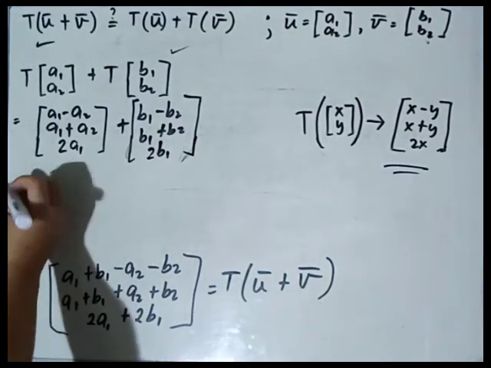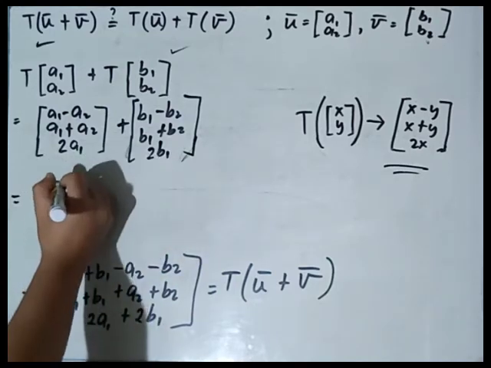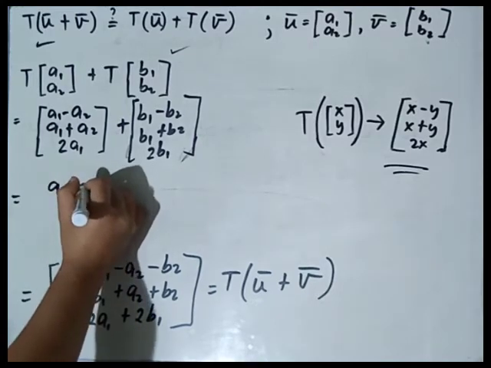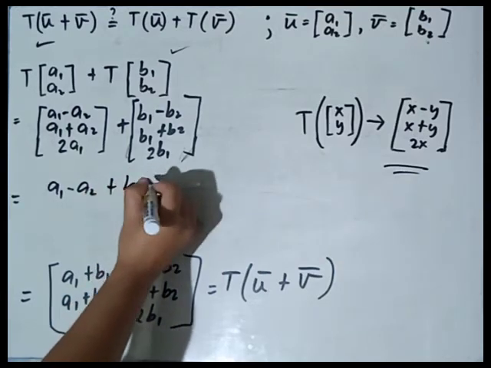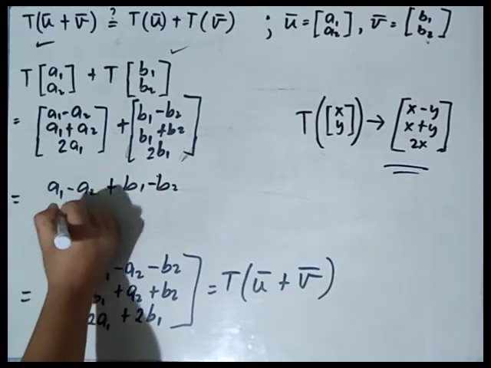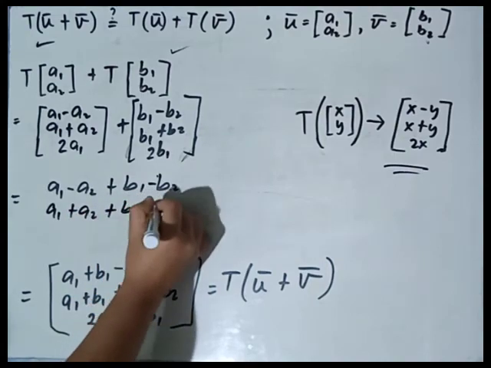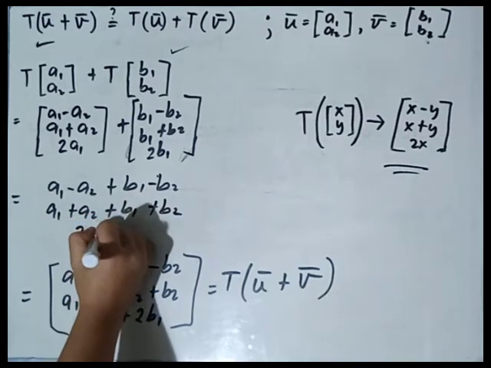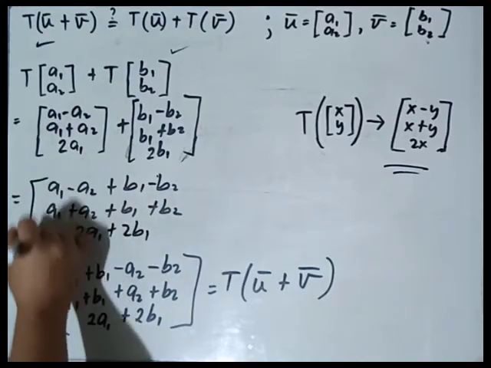Okay, so that is also the same as, we're going to combine this, that would be a sub 1 minus a sub 2 plus b sub 1 minus b sub 2, and a sub 1 plus a sub 2 plus b sub 1 plus b sub 2, and we have 2a sub 1 plus 2b sub 1.